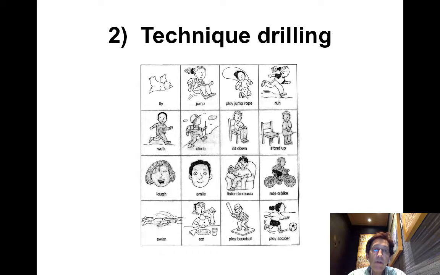Good. How about go down to the 3rd row, 3rd picture. Listen to the music. Perfect. 1. The boy listens to music. 2. He is very relaxed. 3.